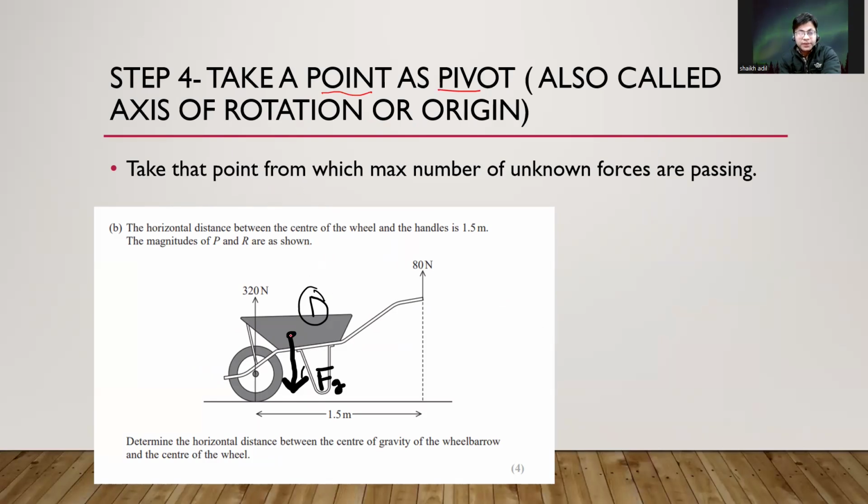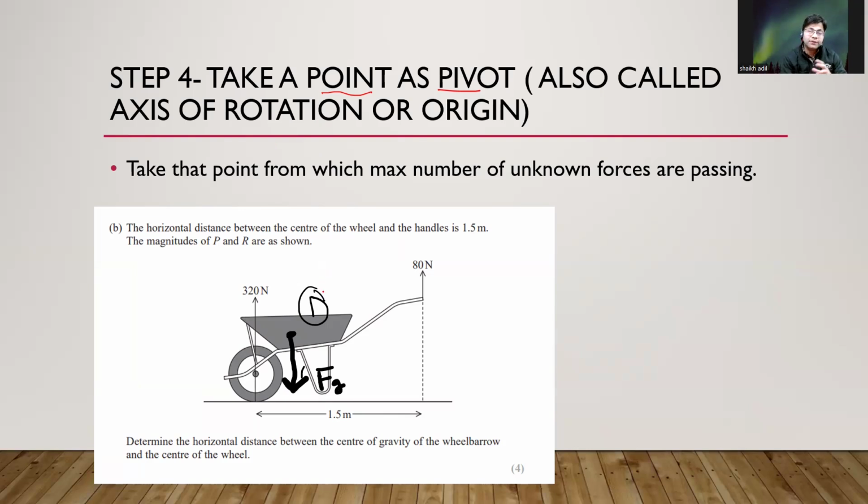Now there is a tip that you should remember to identify this axis of rotation. You should take as the axis of rotation that particular point from where the maximum number of unknown forces are passing. If the body is already rotating, then the axis of rotation is fixed, and you know what it is.